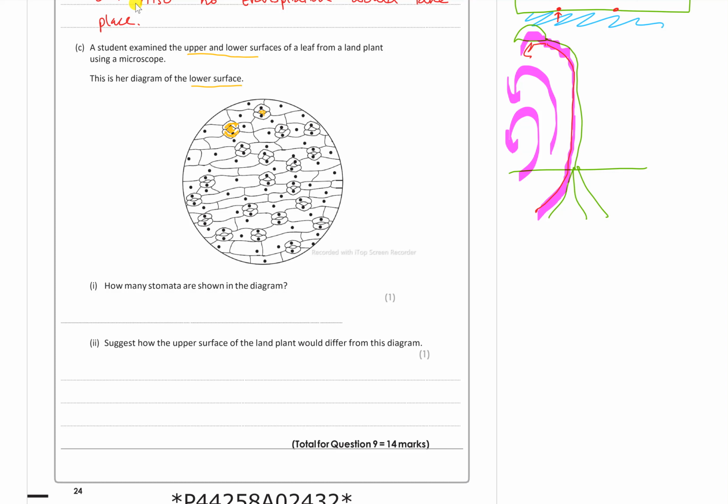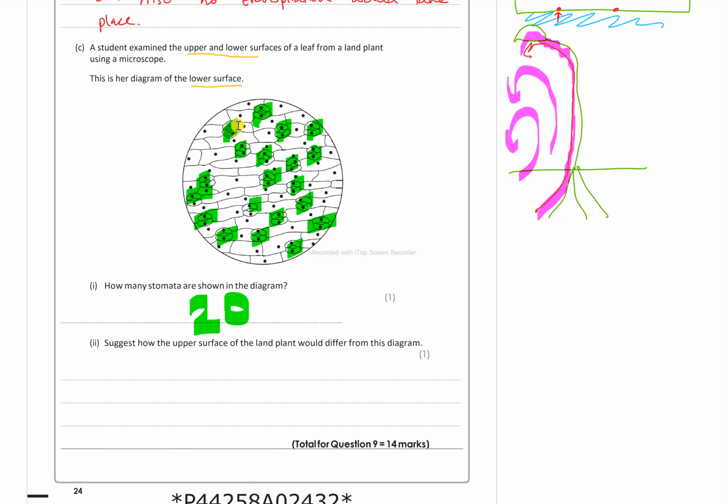That's another stoma and another one, and we need to count them. So look, we've got 1, 2, 3, 5, 6, 7, 8, 9, 10, 11, 12, 13, 14, 15, 16, 17, 18, 19, and 20.